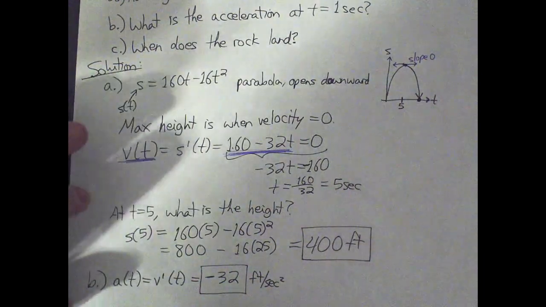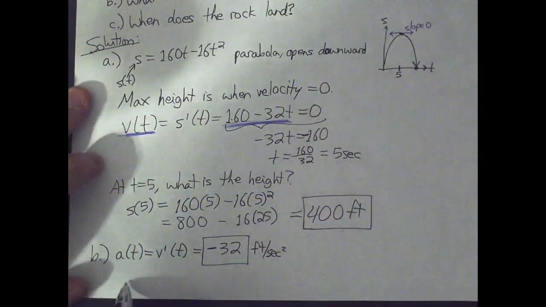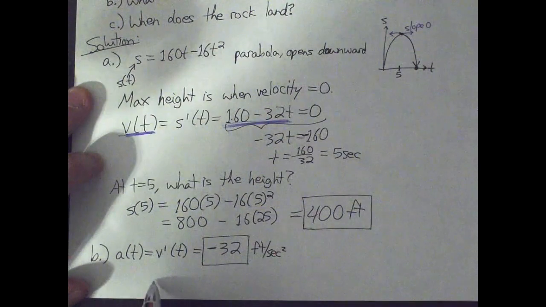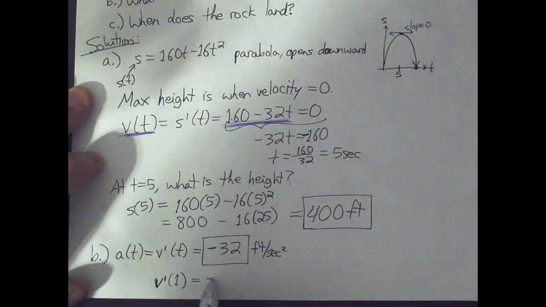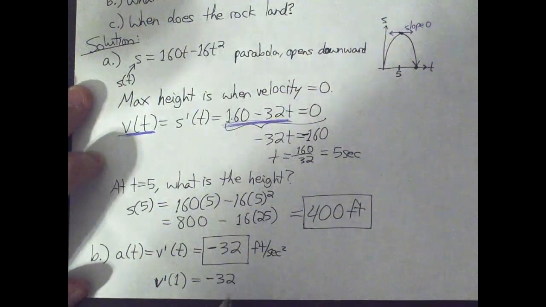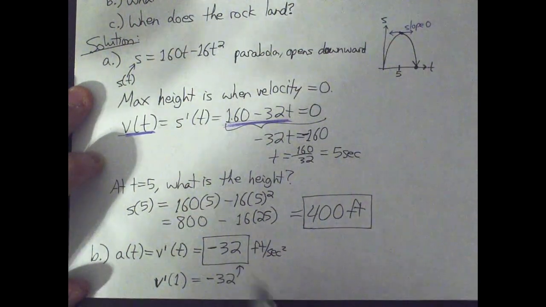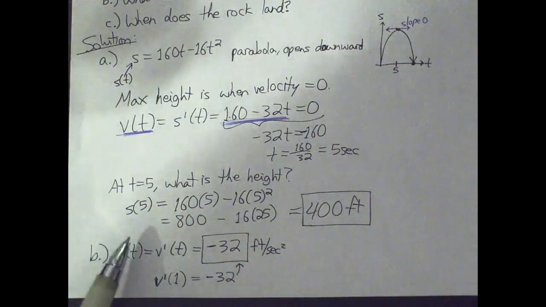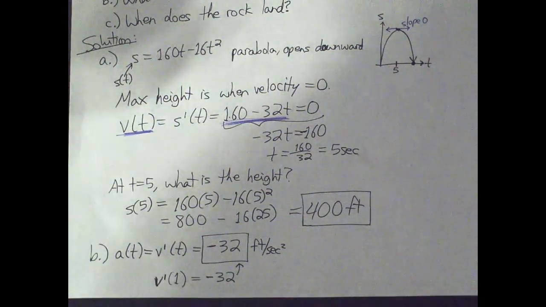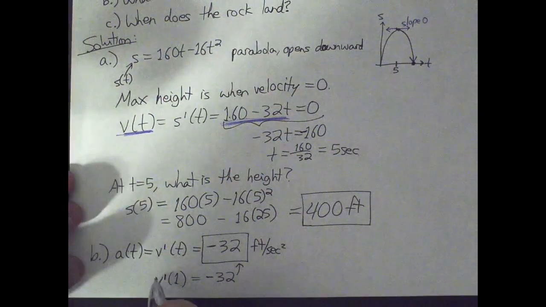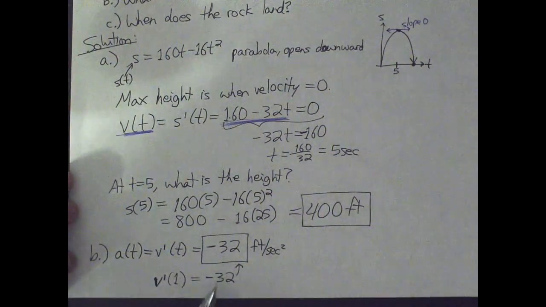Well, that's true. But that's because I noticed that if I did put 1 in, v prime of 1, I'm going to get negative 32, because no matter what value you put in, this looks like it's always negative 32. So yeah, the acceleration at 1 second is negative 32.